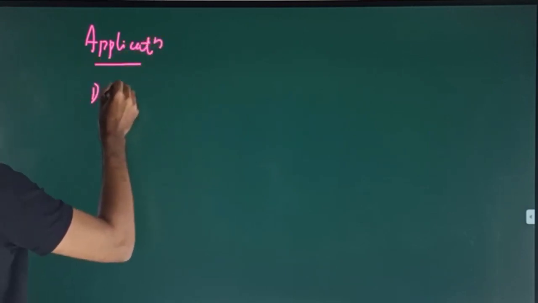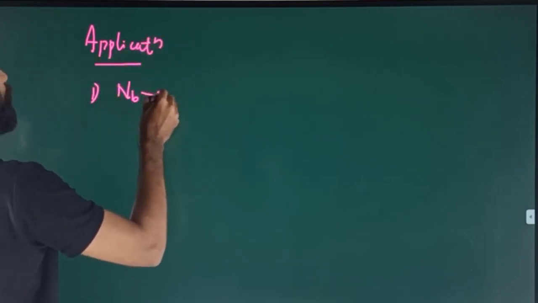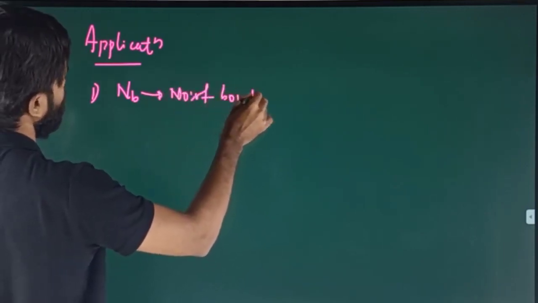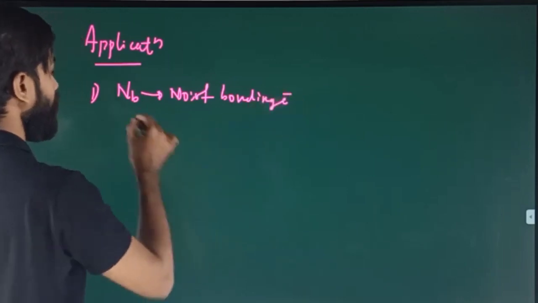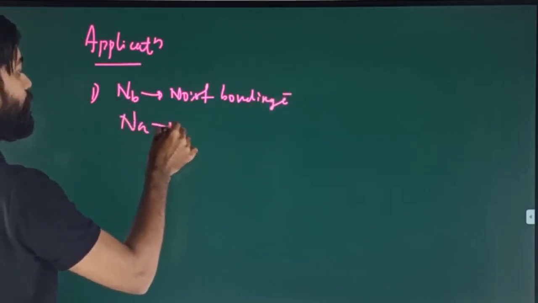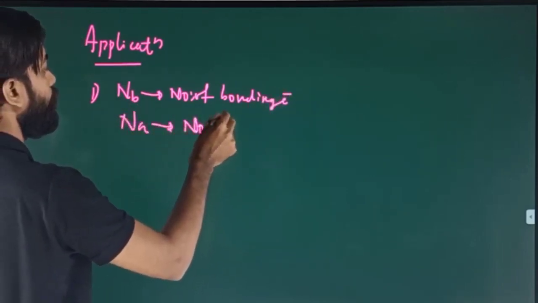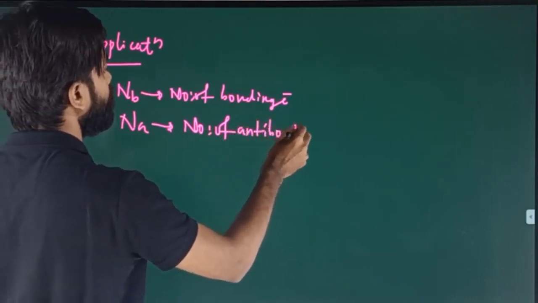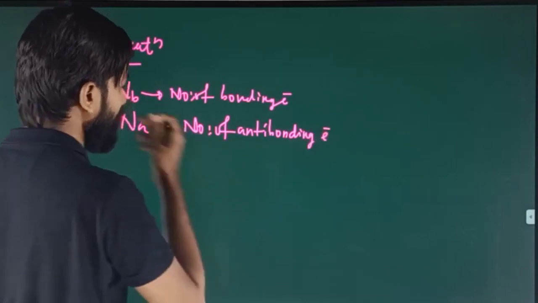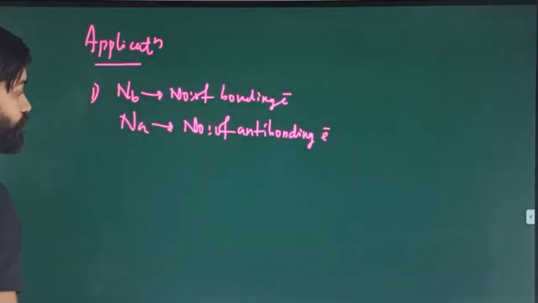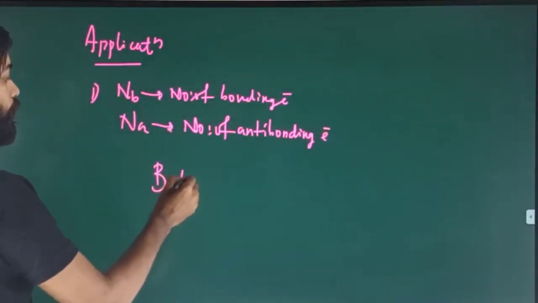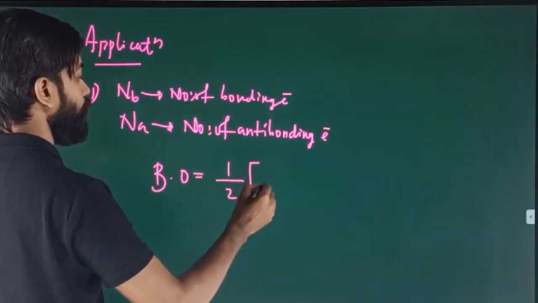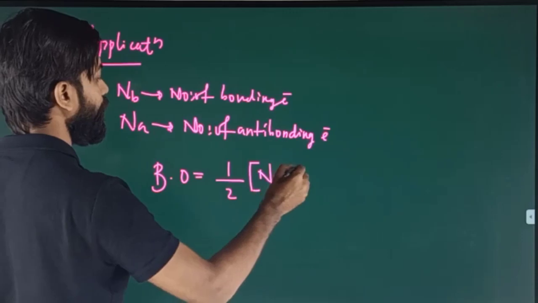If Nb is the number of bonding electrons, which means electrons in bonding molecular orbitals, and Na is the number of antibonding electrons, which means electrons in antibonding orbitals, then bond order is equal to half the difference between bonding electrons and antibonding electrons.